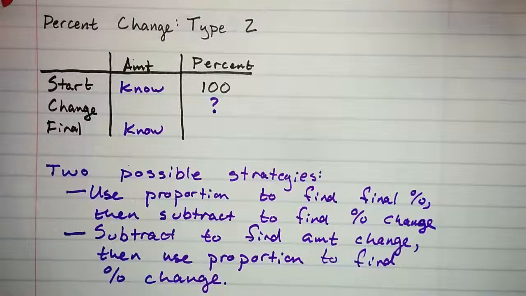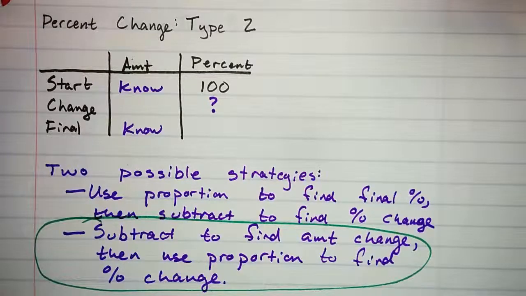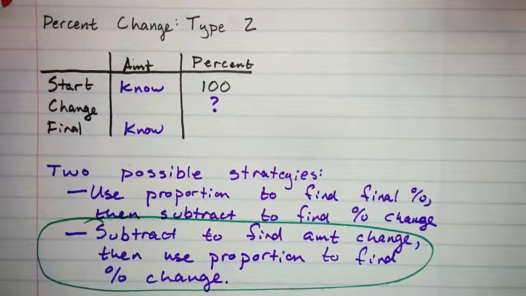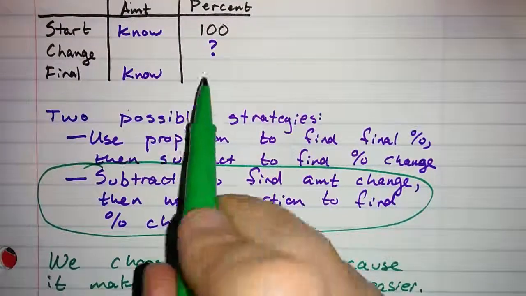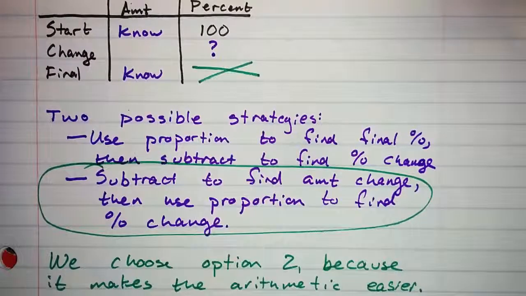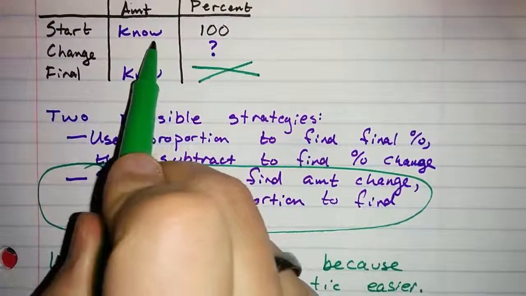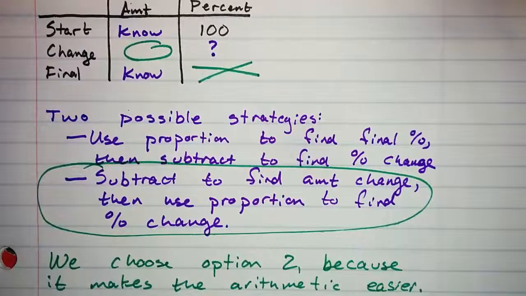We could, in principle, use either one of these, but we're going to choose this one. Why? Because it lets us do multiplication and division with smaller numbers. So we're going to ignore the final percent and subtract to find the amount change on the way.